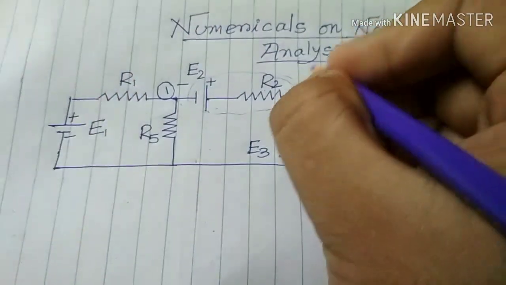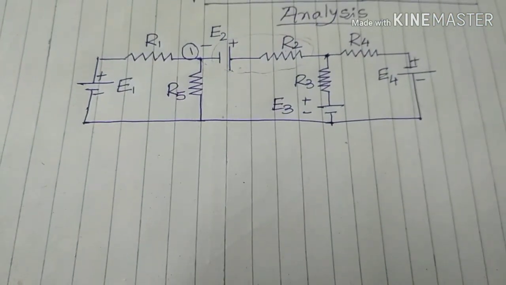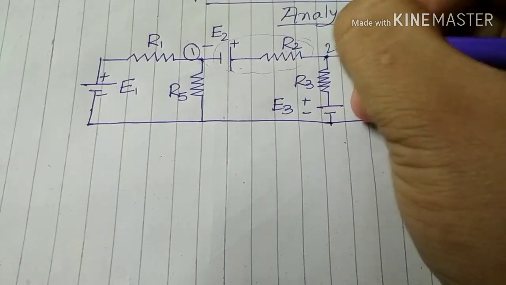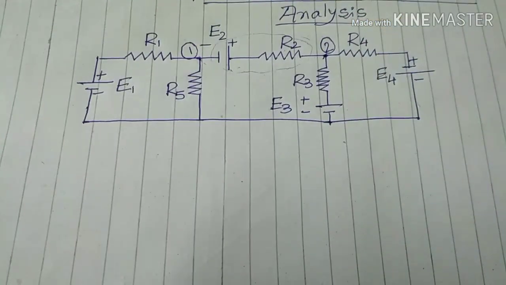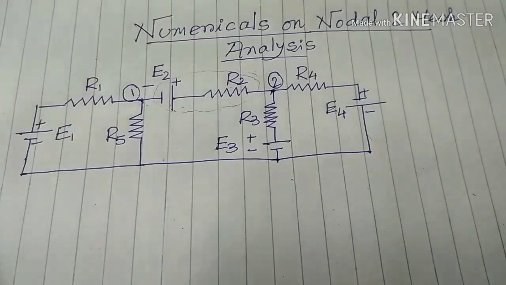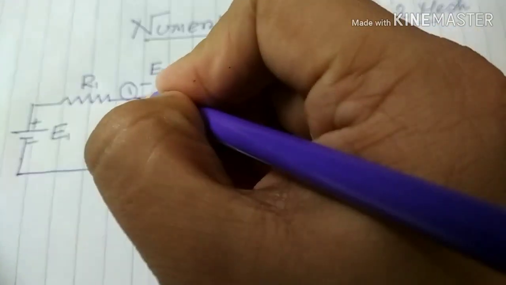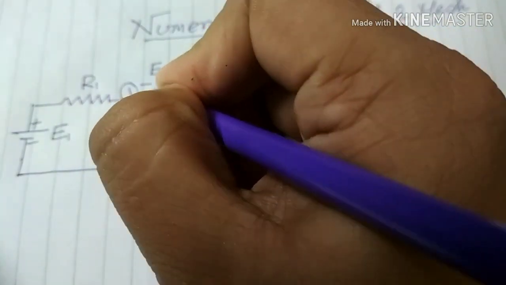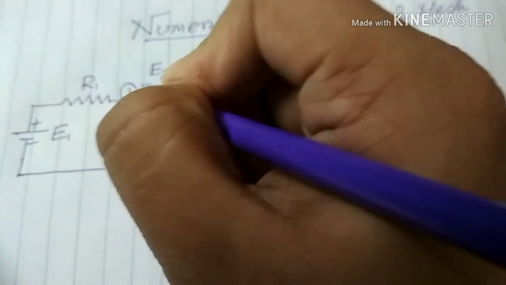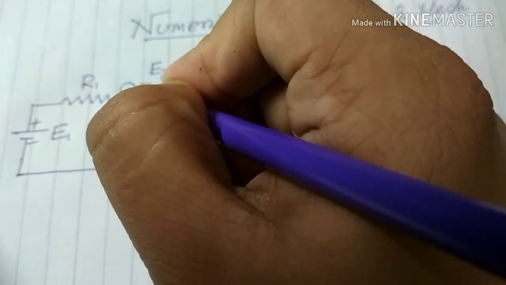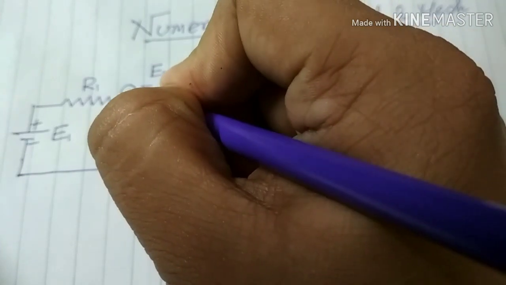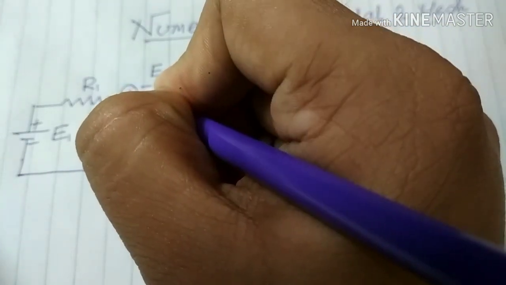I number this node as 1 and this node as 2. As per Kirchhoff's current law, we need to calculate the total current at each node, and the total current in this node must be 0.